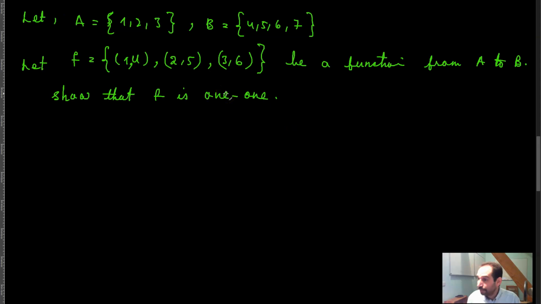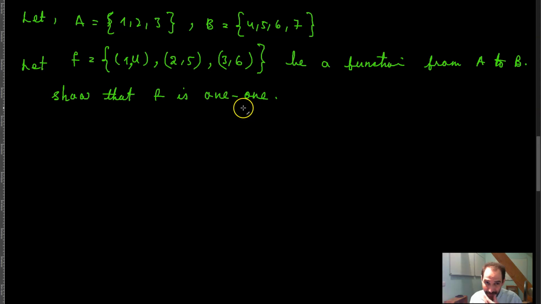Okay, so now this problem is not that complicated at all, because you have the set A is {1, 2, 3} and B is {4, 5, 6, 7}, and you see that f is a relation, or a specific type of relation that you can call a function, from A to B. That is the set {(1, 4), (2, 5), (3, 6)}, and you can see that the distinct elements of the domain have distinct images in the codomain of the function, which is 1 is mapped to 4, 2 is mapped to 5, and 3 is mapped to 6.